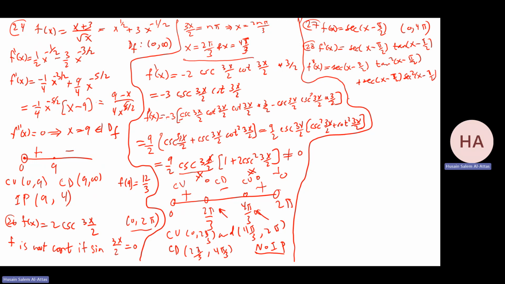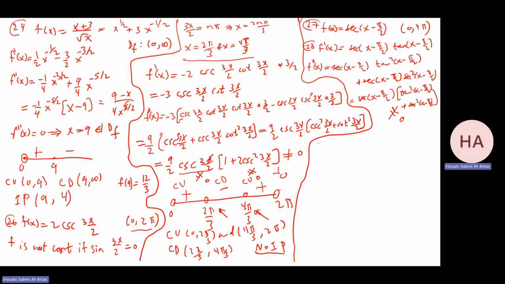So that will be what? I can take secant as a common factor. The remaining is what? Tan square plus secant square. As usual, 1 plus tan square is impossible to be 0. So f double prime will not be 0.